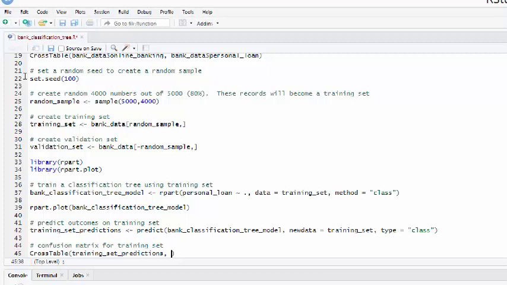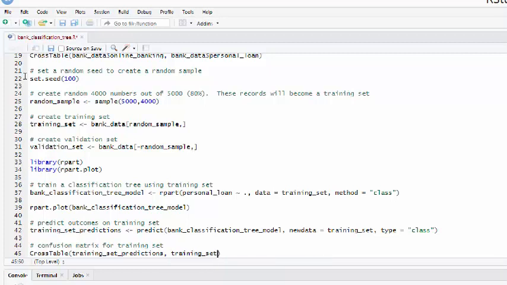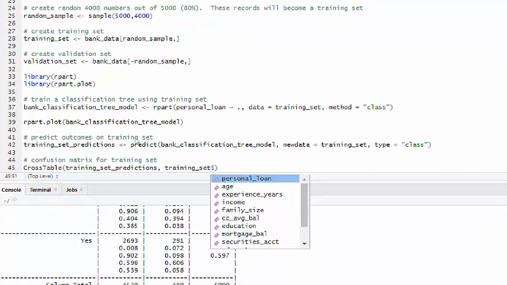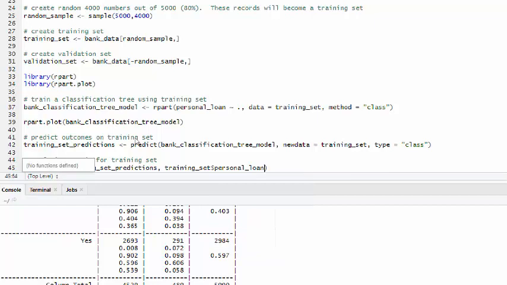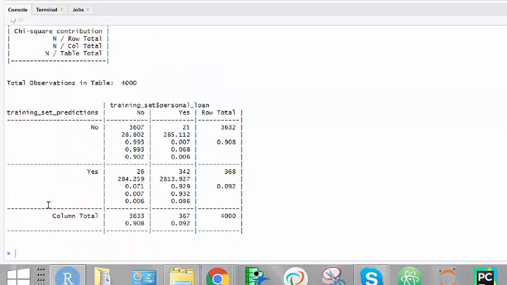Which data do I use? Training set. And inside the training set, I'm picking the personal loan. It's all about this column, personal loan. My predictions are about that. Training set, personal loan. Bam, okay? And here is my confusion matrix.